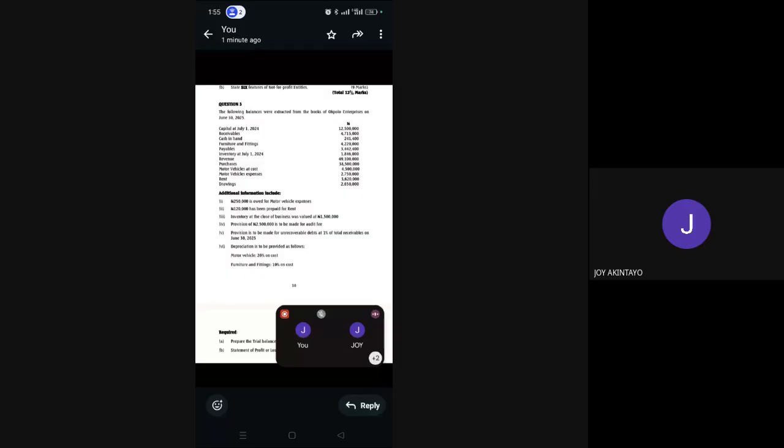Are we together? And it also falls under the current assets. So how much are we posting? We are posting 241,400. Are we together?